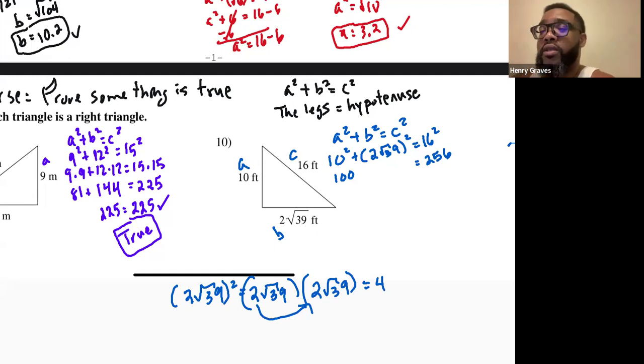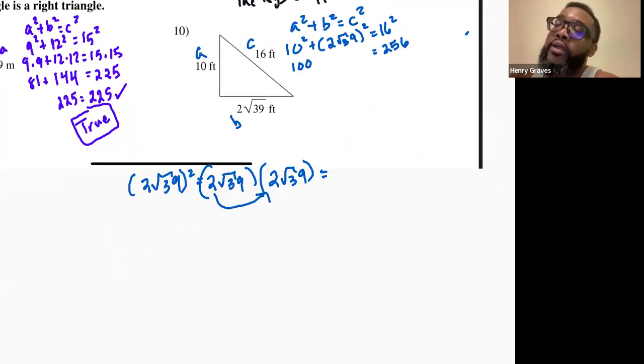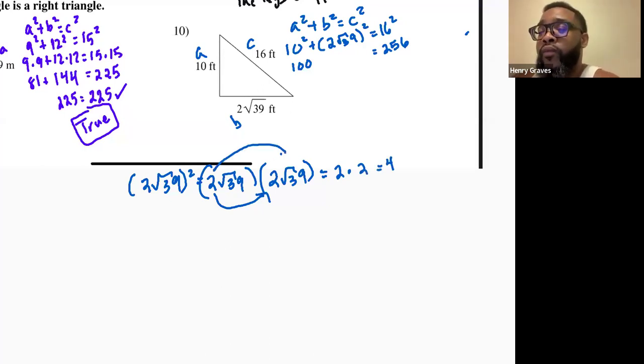This is going to be 2 times 2, which is 4, right? Then 2 times root 39, right? Then we'll do 39 times 2. And then we'll do the square root of 39 times square root of 39.